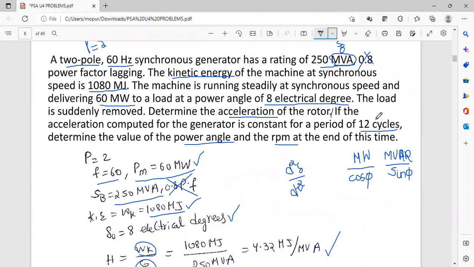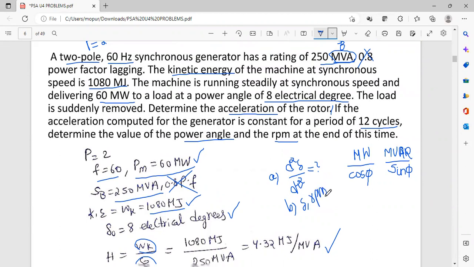Now what they had asked: if the acceleration is constant for a period of 12 cycles, this is the first subdivision, then find the value of power angle del, and find the value of RPM, that is speed. So we will go to the next subdivision of the problem.